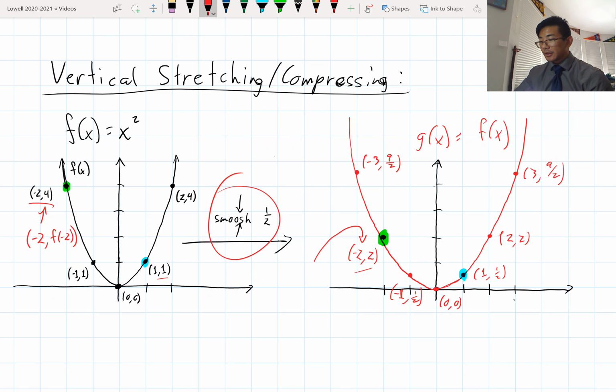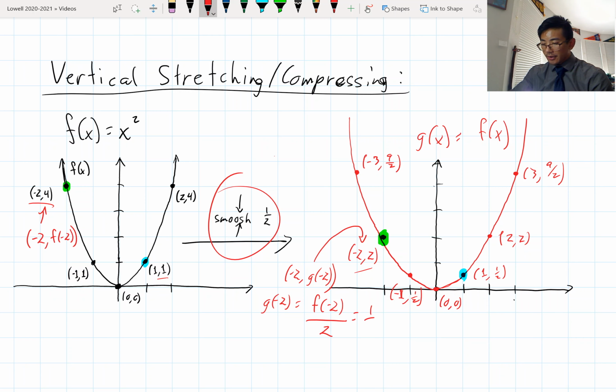And on the red, that corresponding red point is -2, g of -2. So really, that g of -2 is just the same f of -2, just squished in half. So I'll take that and divide by 2.